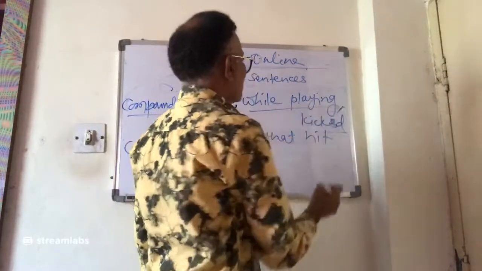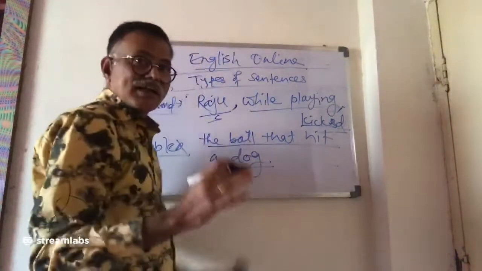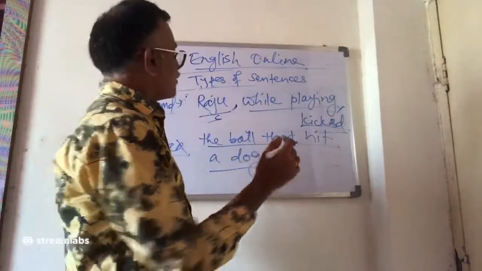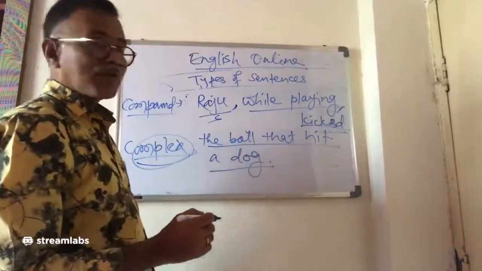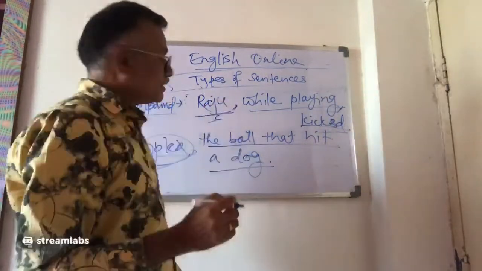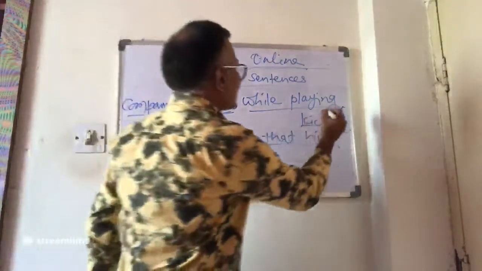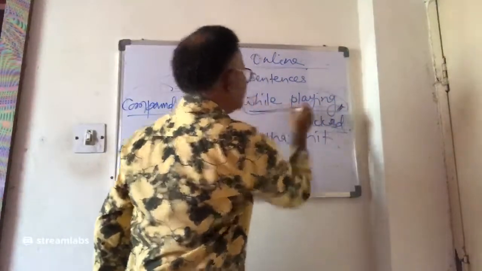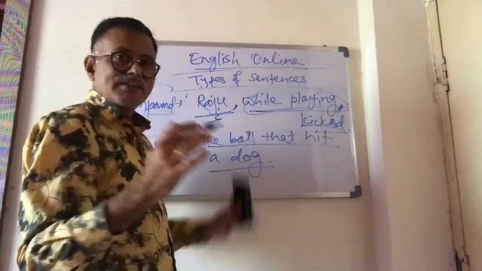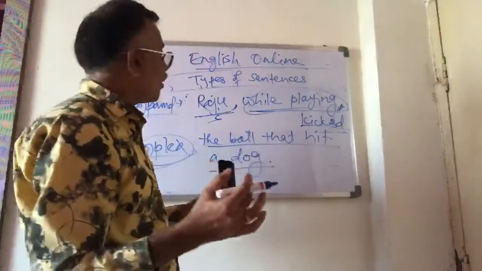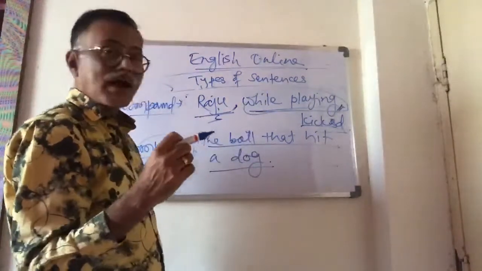While playing, kicked the ball that hit a dog becomes entirely a predicate. But since there are two sentences, it is not compound. This is the first structure: if we remove this, then we already get a subject, verb, object sentence and the meaning that we deserve out of that.